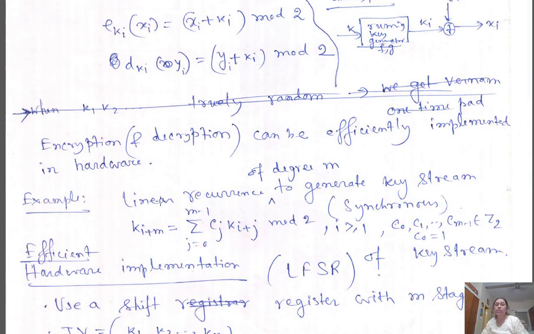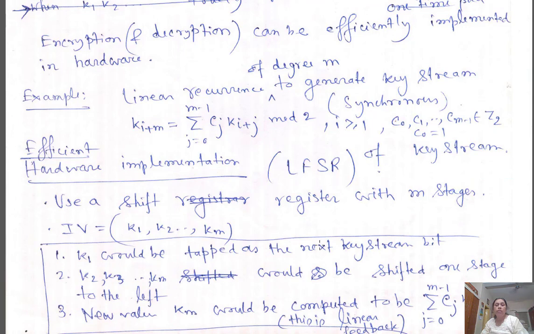Since we are saying this is a linear recurrence of degree m, C0 must be equal to 1. C0 cannot be 0, otherwise the degree will be less than m. We have already discussed how this can be efficiently implemented as an LFSR, this key stream.